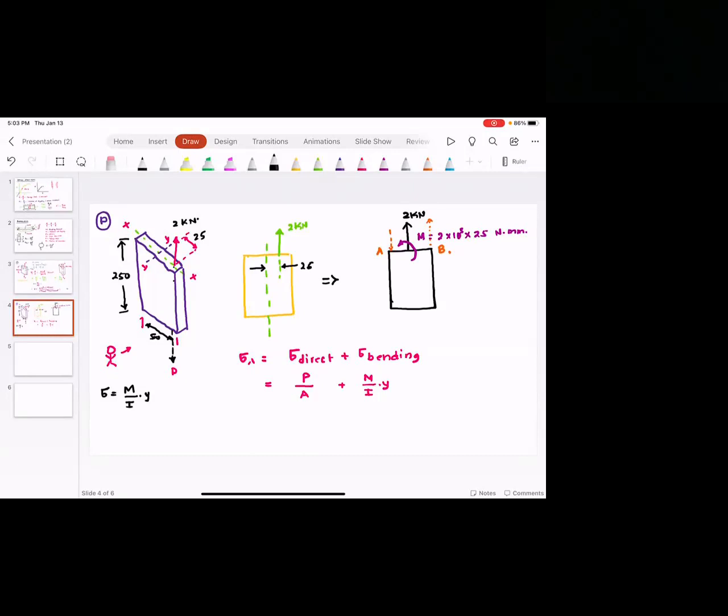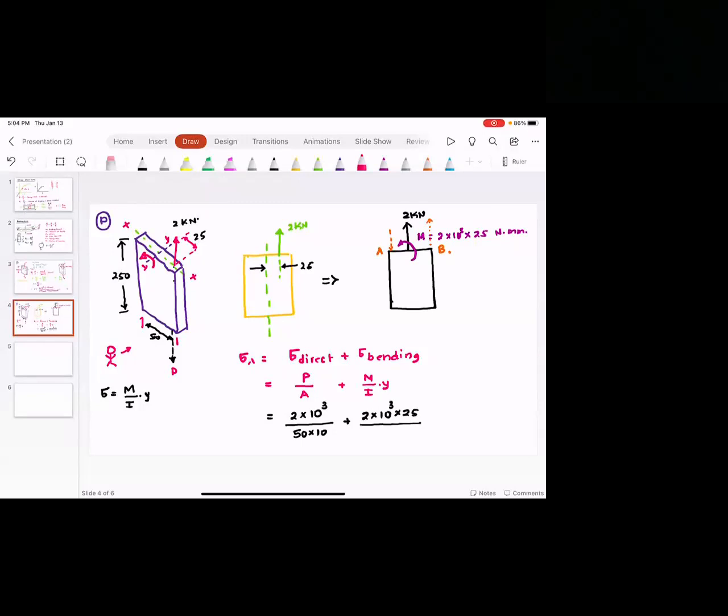So I'm going to write this down here. P is 2 times 10 to the power 3 divided by area, which is 50 times 10, plus moment. Moment we know is 2 multiplied by 10 to the power 3 multiplied by 25. Now the question is, what is the value of I? For finding the value of I, remember the rule: this moment is about the y axis.